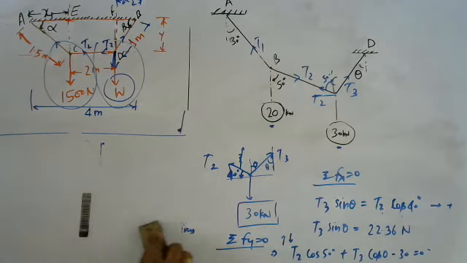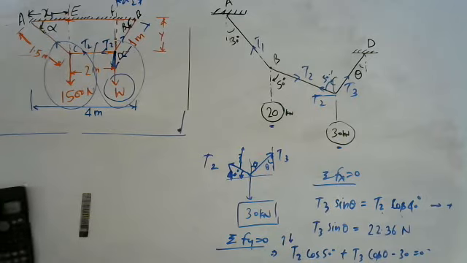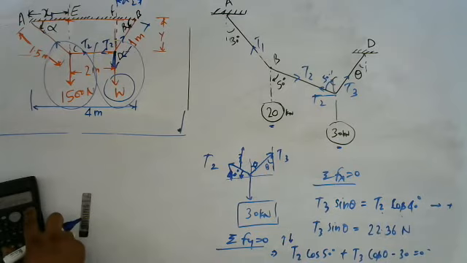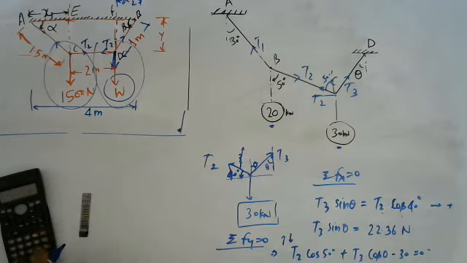So I write here clearly. T2 cos 50 is already known. T2 is 29.2, we have calculated, and T2 cos 50 is 18, and this is minus 30.